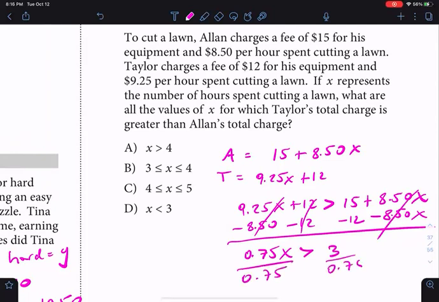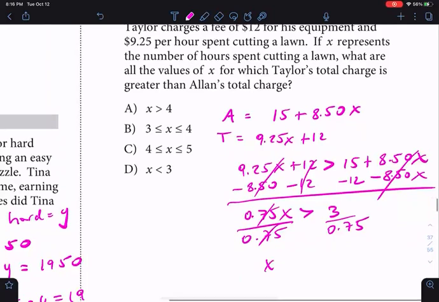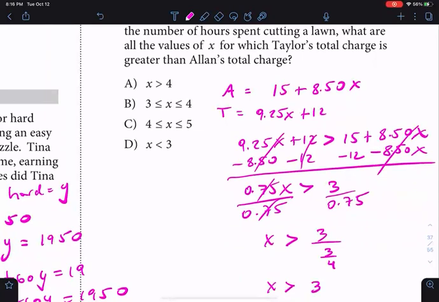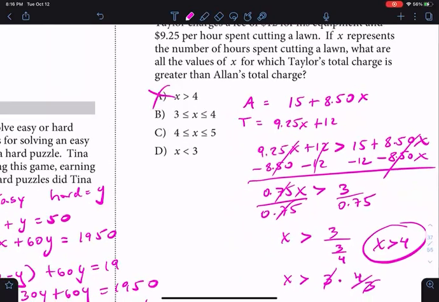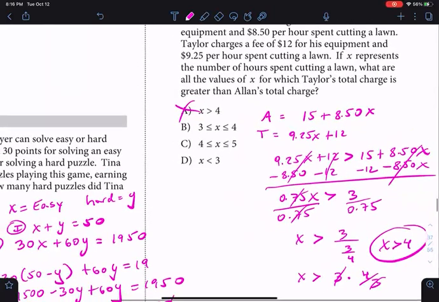So this cancels. This is x greater than 3 over, well, 75 is 3/4. So x, keep, change, flip, 4. That's the answer, okay? Be careful when you're doing these problems, when you're setting up the inequality. Okay, next.